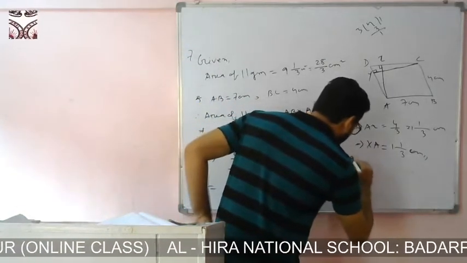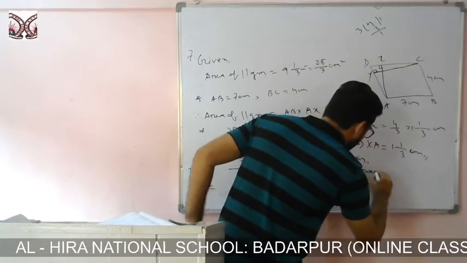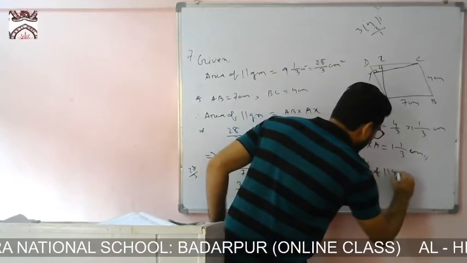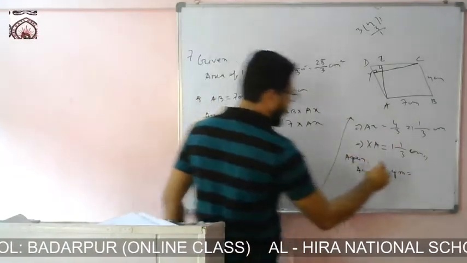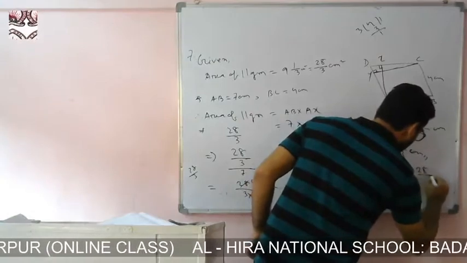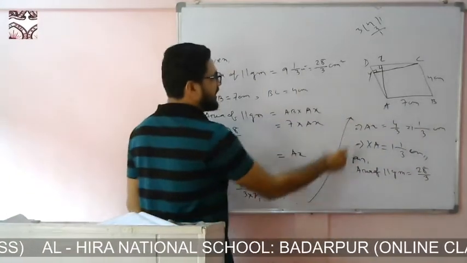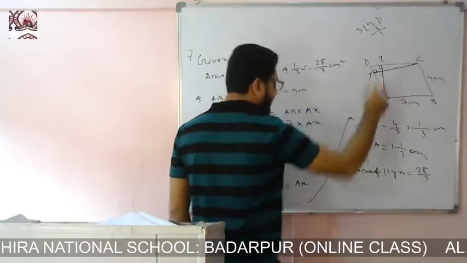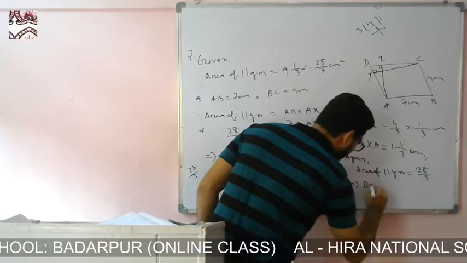After that you write again: area of parallelogram equals 28 by 3. In place of area of parallelogram I can now write it by considering BC as base.